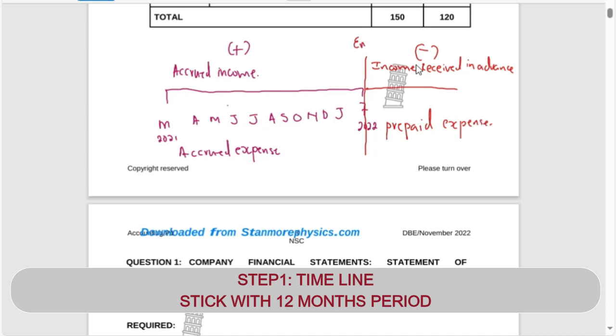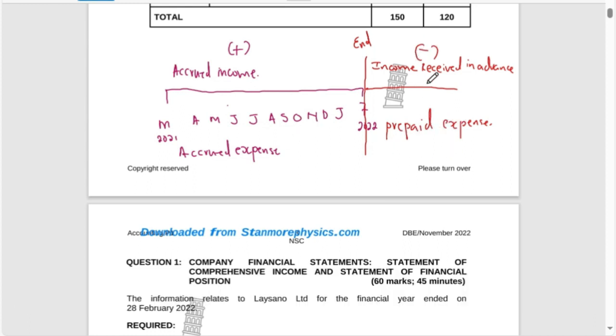Our financial year ends in February. So anything that has been received will be income received in advance, and it must be subtracted from our income statement. And anything that has been paid in advance, such as prepaid expense, must be subtracted in our income statement.